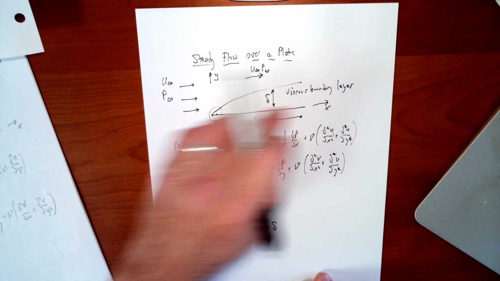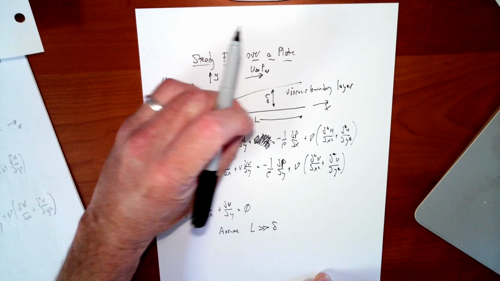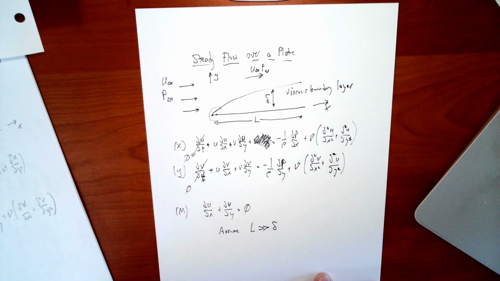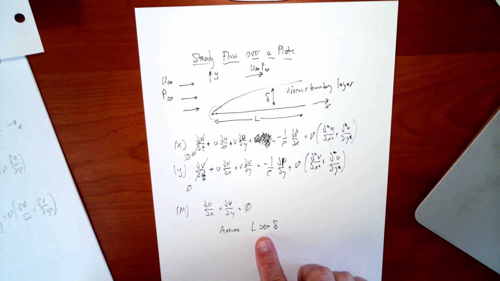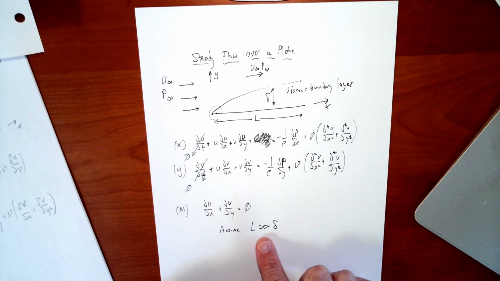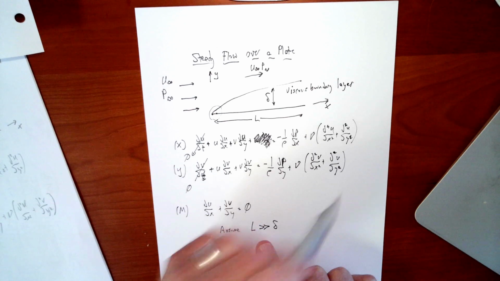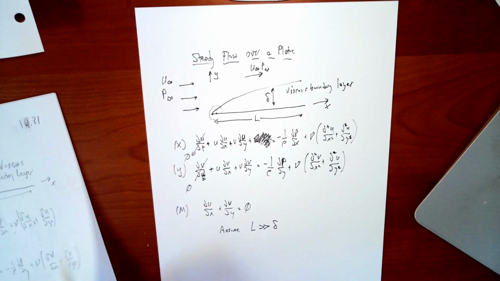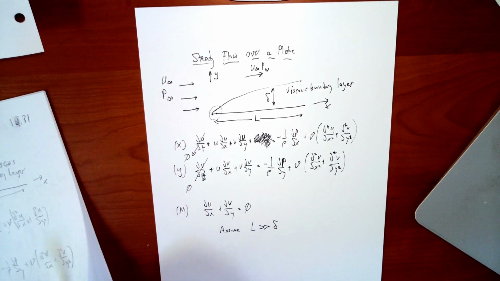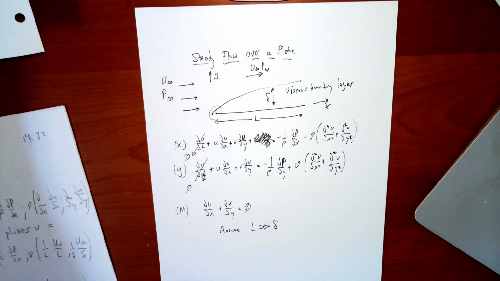But if you have a nice long plate here, we're going to assume initially that L is much, much bigger than delta. That's going to allow us to figure out which of these terms is significant and which is not, and allow us to make some progress on this problem.